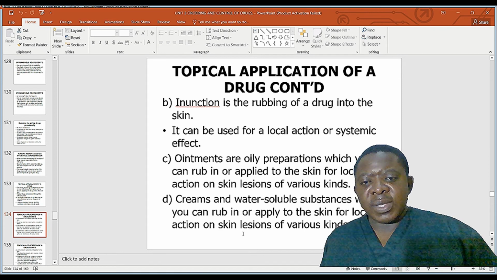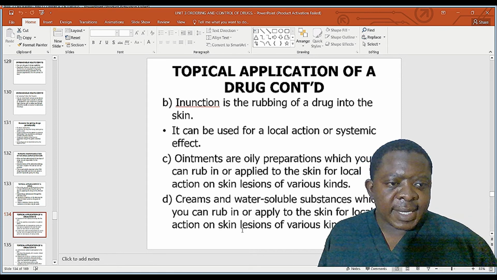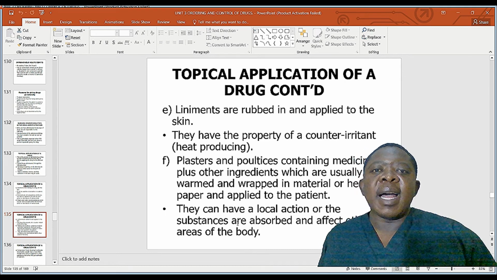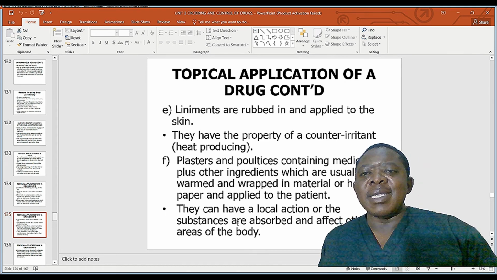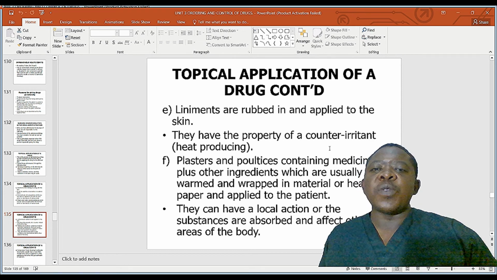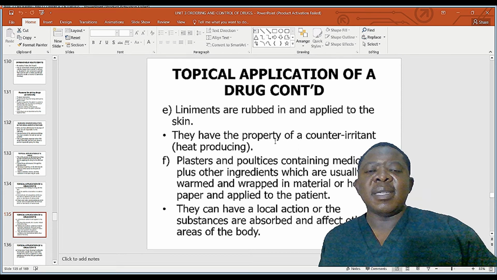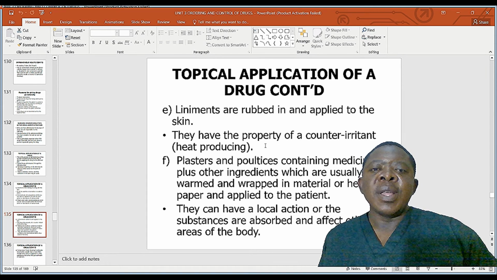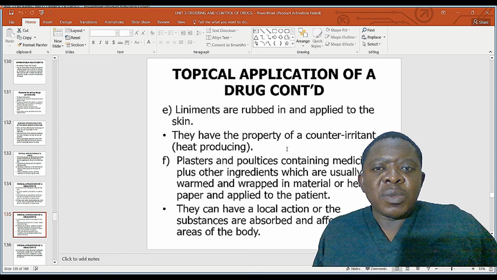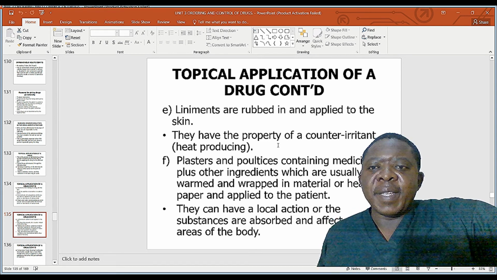Liniments are rubbed in and applied to the skin. They have the property of a counter irritant or help in heat production.